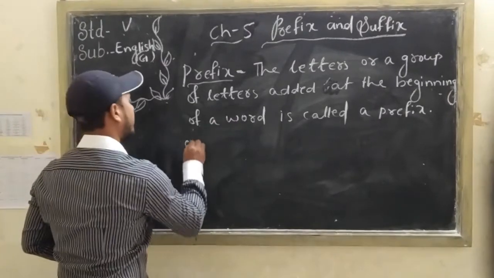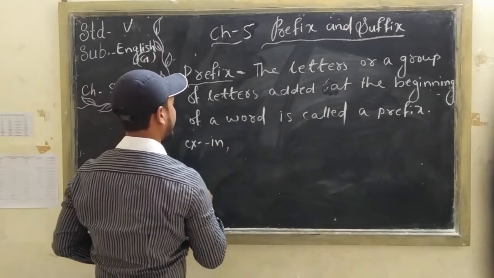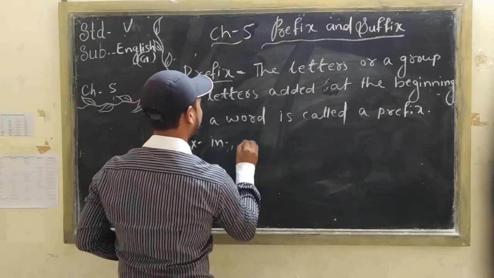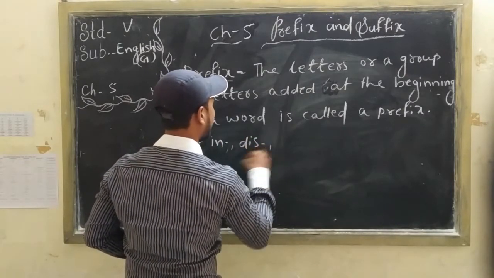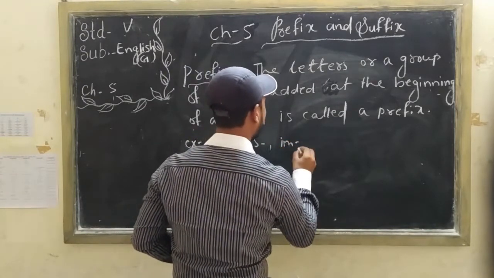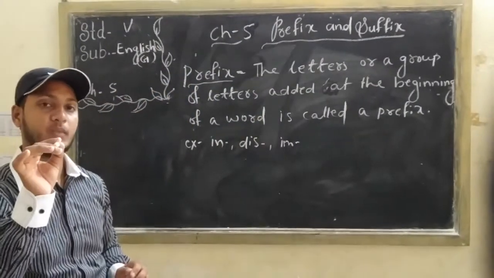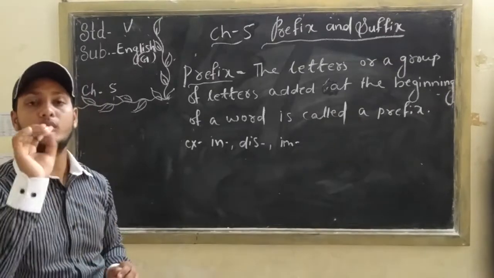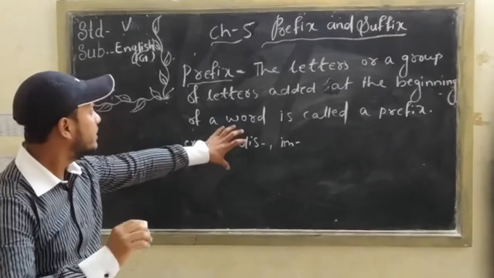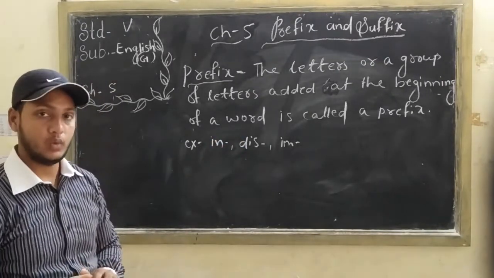For example, in. These are some prefix words. These kinds of words are added to the beginning of a word, and that word is called your primary word. So these prefixes are added at the beginning of the primary word.